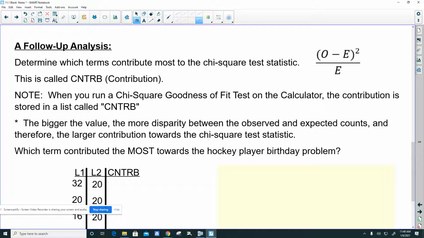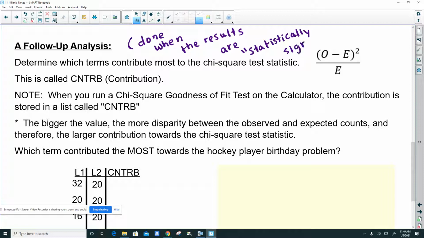And this is typically done when the results, meaning the results of your significance tests, are what we call statistically significant.